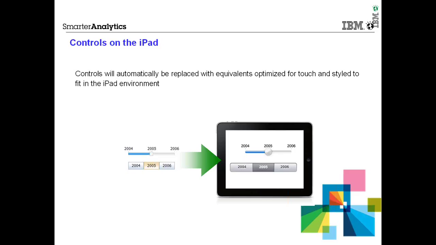If you see in this slide, the years are represented in a particular fashion on the dashboard on the desktop of your computer. But once you move it onto the iPad, it captures the information and converts it into the iPad features automatically, and you don't have to do anything special for this.